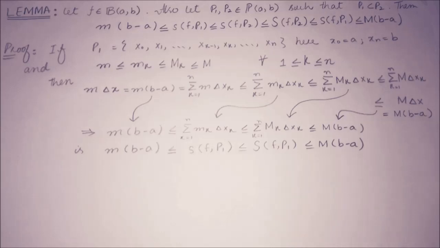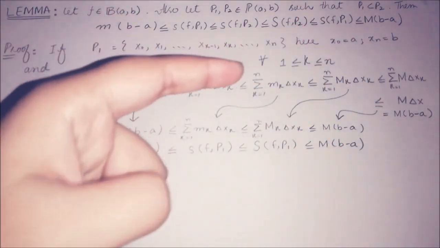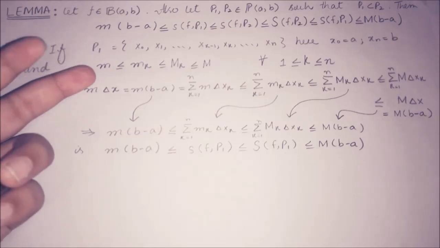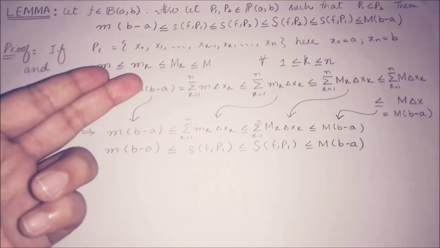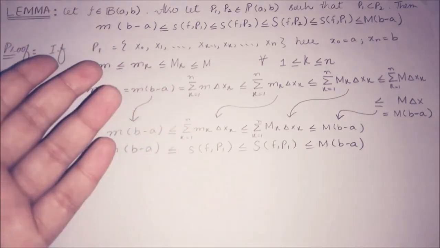So we have seen this part of the proof in the previous video: if we have this partition p1 having elements x0, x1, and so on to xk minus 1, xk, and then towards xn, where x0 is a and xn is b. We know the relation of the supremum of the whole function, and the same case for the infimum.